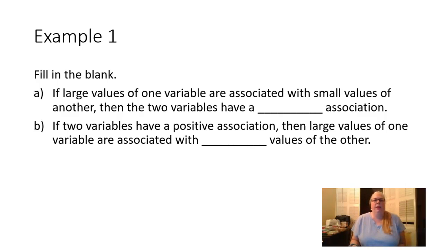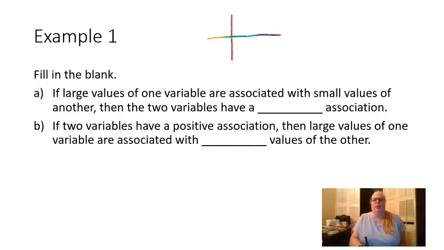Example 1, fill in the blank, Part A. If large values of one variable are associated with small values of another variable, then the two variables have what kind of an association? All right, let's take a look at the picture of what's going on.